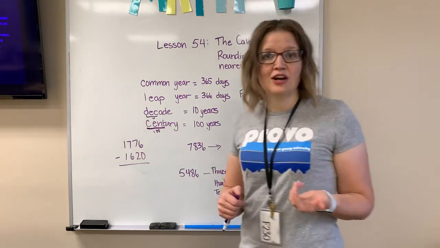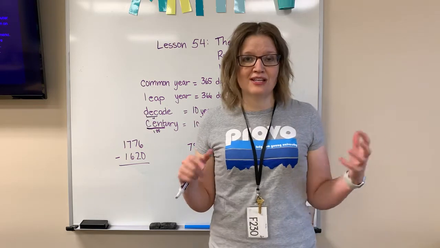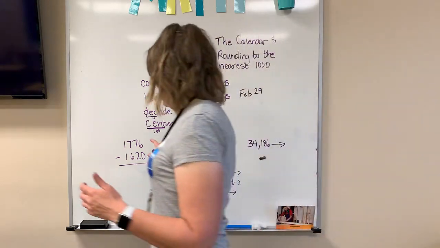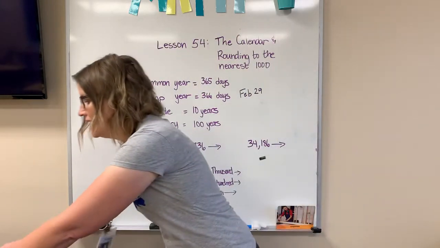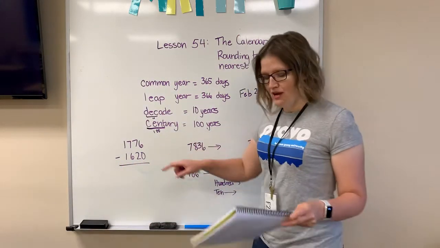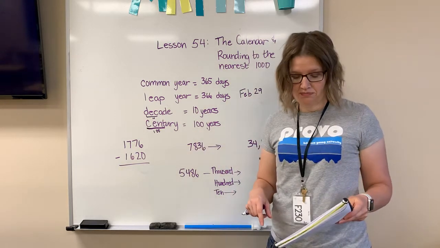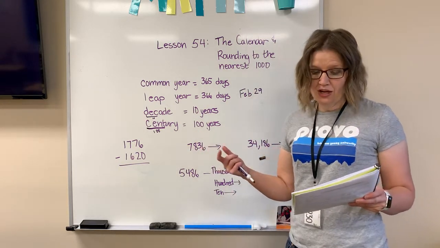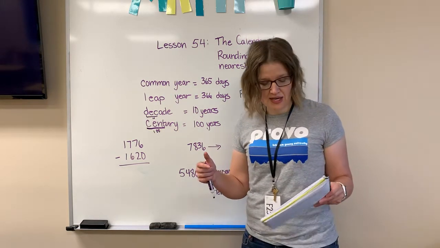Finally, we need to talk about calendars and adding and subtracting and all that stuff. Our first problem is actually a date problem. It says the Pilgrims sailed to America and landed in Cape Cod in 1620, which we know. The colonies adopted the Declaration of Independence in 1776.